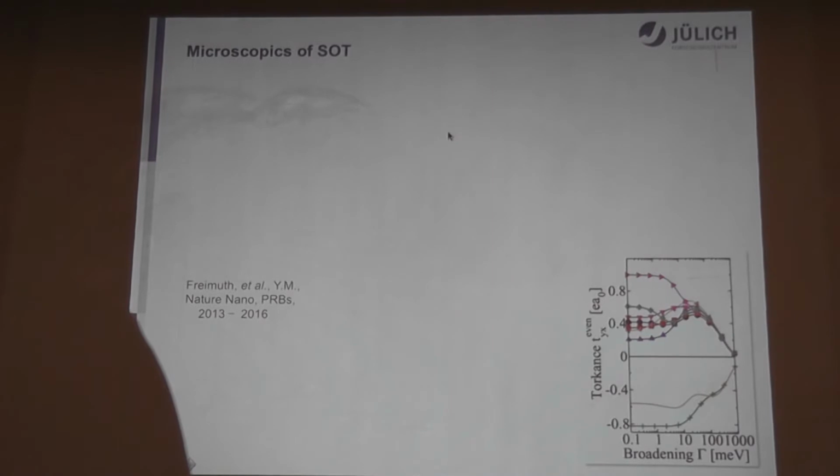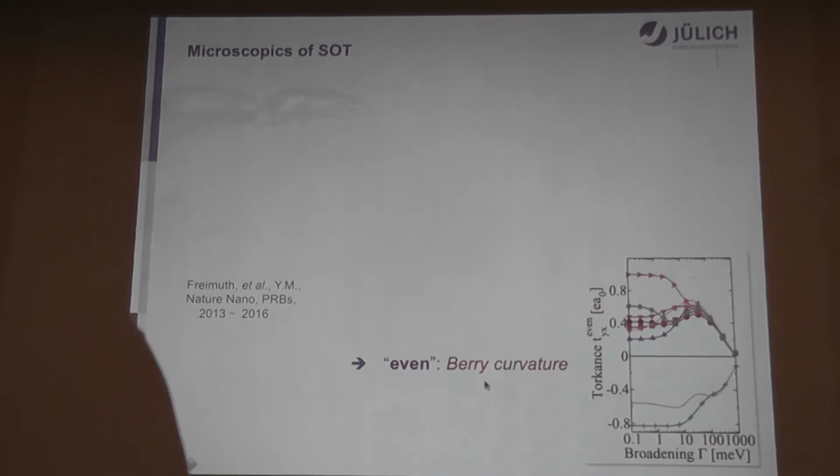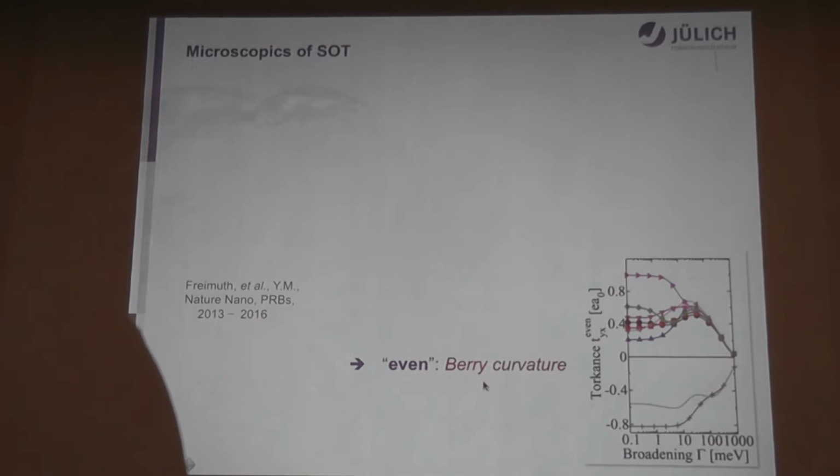What we discovered is that in one component of the spin-orbit torquance tensor, which we call even, we acquire a constant value of spin-orbit torque for all the systems that we study as the disorder goes away. So there is definitely a contribution without disorder to this effect, and this basically proves that there is Berry curvature physics in this phenomenon.